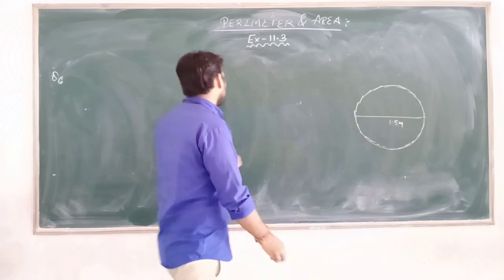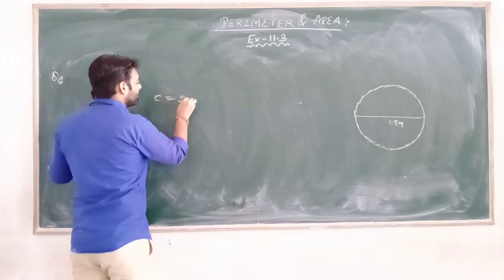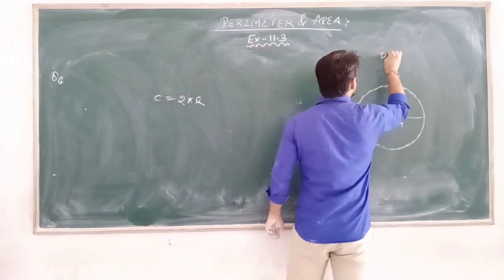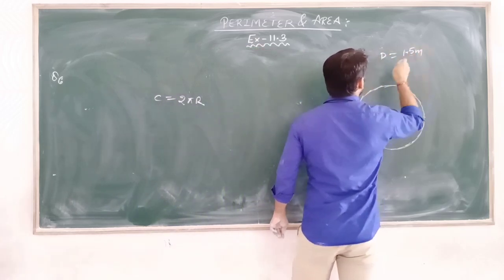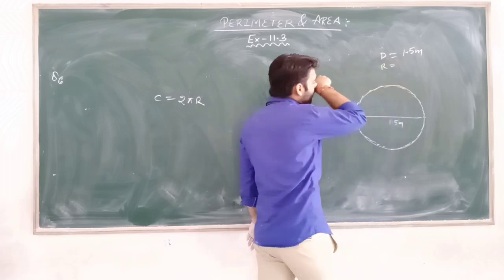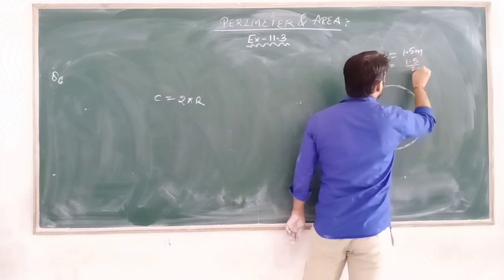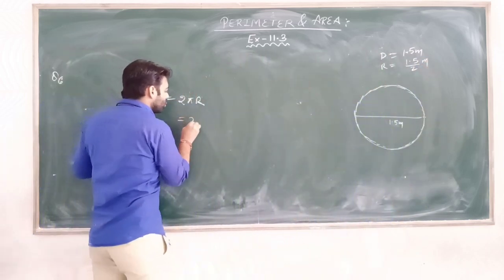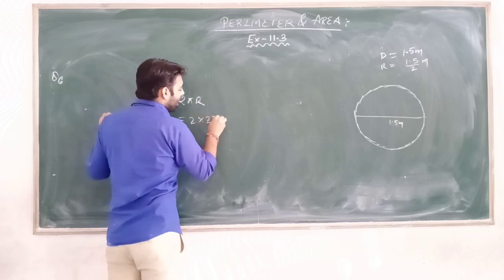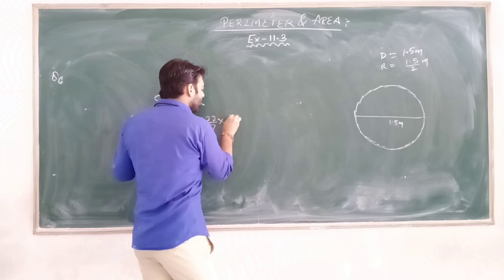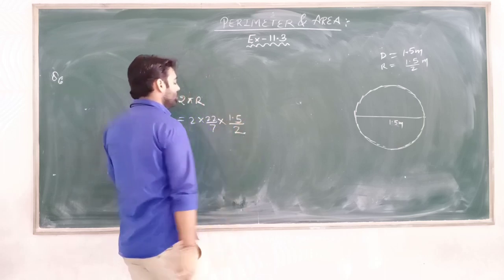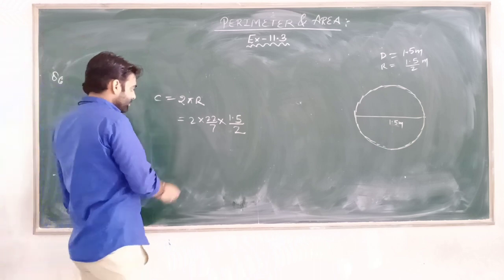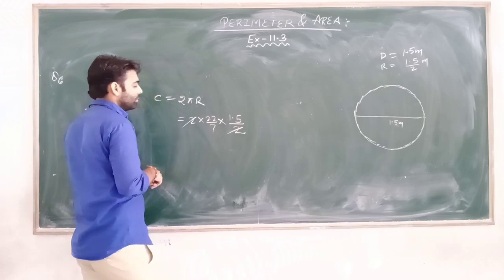Circumference of the circle is equal to 2 pi r. R has not been given. Only diameter D has been given, that is 1.5 meters. We have to calculate the R. For R, 1.5 divided by 2. This is the value of R. We will put the value over here, that is 2 into 22 upon 7, and the value of R we have found, that is 1.5 divided by 2. Two and two will be cancelled.